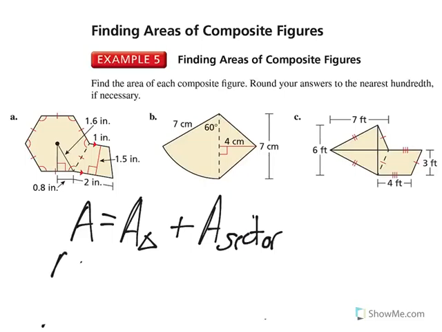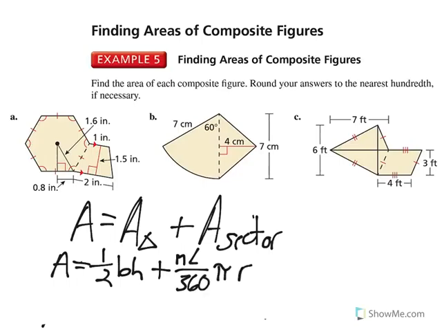So now we need to plug these in. The total area of our composite shape would be the area of the triangle, 1/2 base times height, plus the area of a sector, which is the measure of the angle over 360 times pi times r squared. So we plug in our area for our triangle, 1/2 base times height. Our base length is 7, our height is 4.